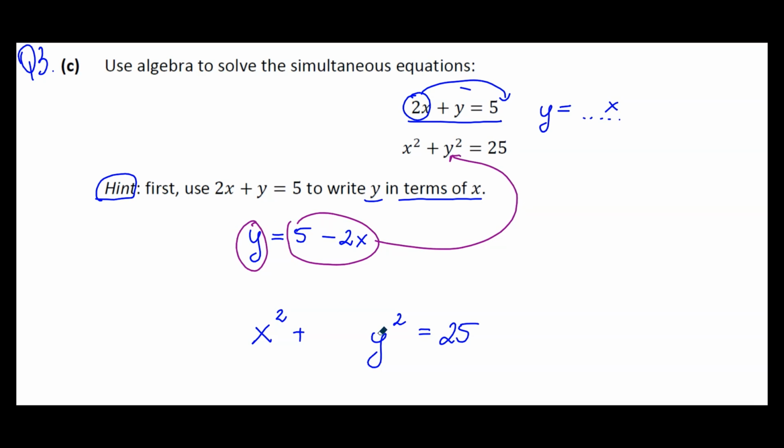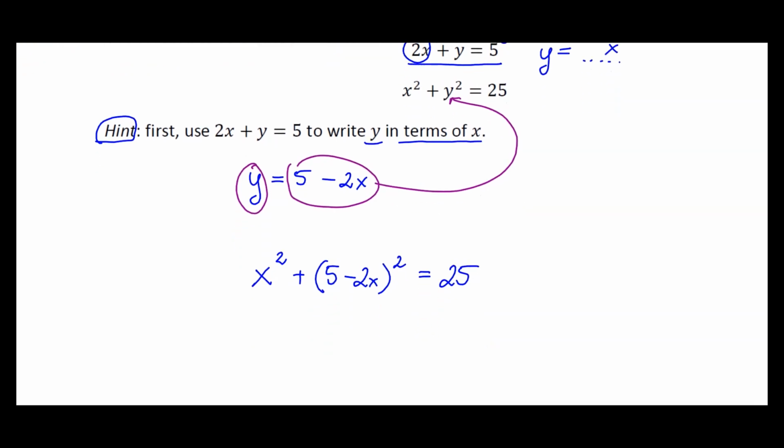So instead of having this y here, I'm going to put another expression for y. Yeah, and that way we have eliminated one of the letters, because the point of simultaneous equation, let's not forget, is to get rid of one letter. One letter has to go. Only one letter can stay.